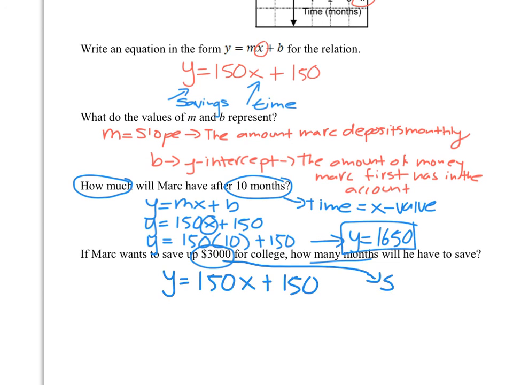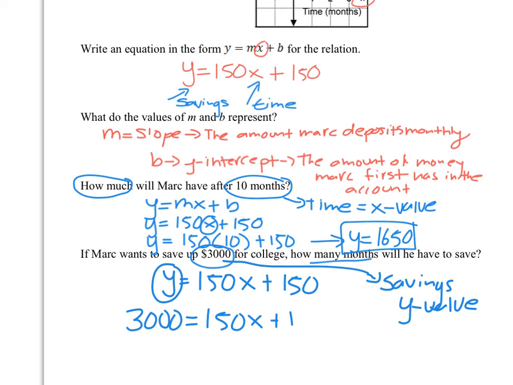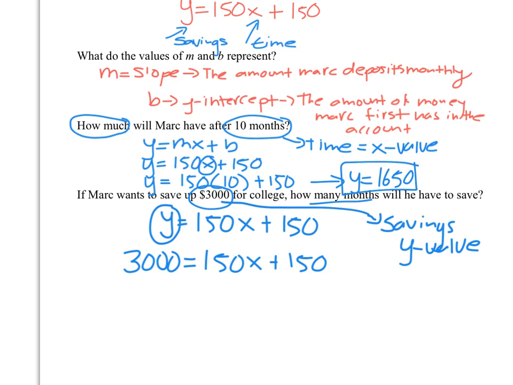It's savings. And savings, which is money, is the y value that we're replacing. So in my equation, y is going to be replaced with $3,000.